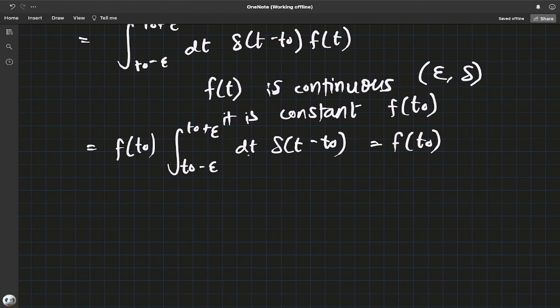The mathematician's convention is writing the dt after. You can choose either, it doesn't matter. This is basically a topic in applied math or mathematical physics.